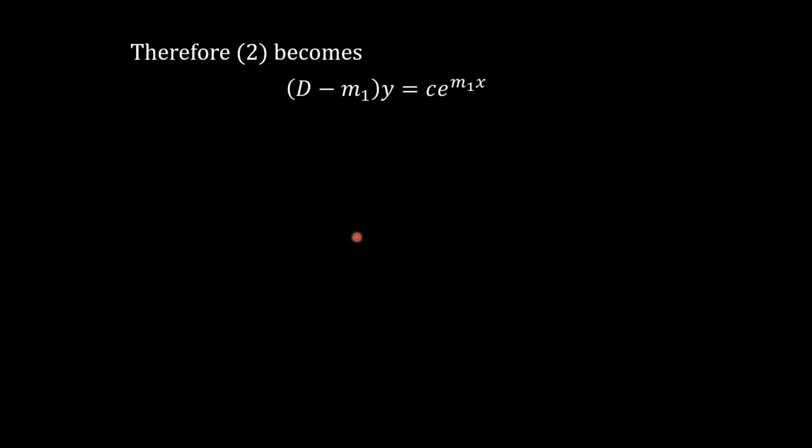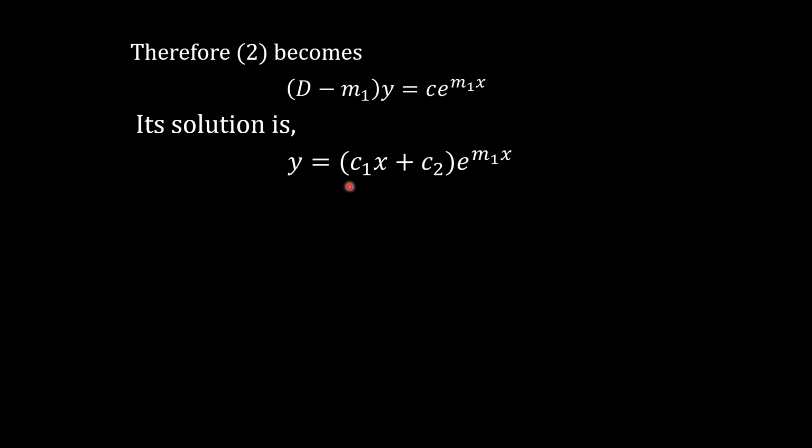So 2 becomes (D minus m1) of y equal to c into e raised to m1x. This is again a linear differential equation in y, of first order and first degree. Solving it, its general solution will be y equal to (c1 x plus c2) e raised to m1x.